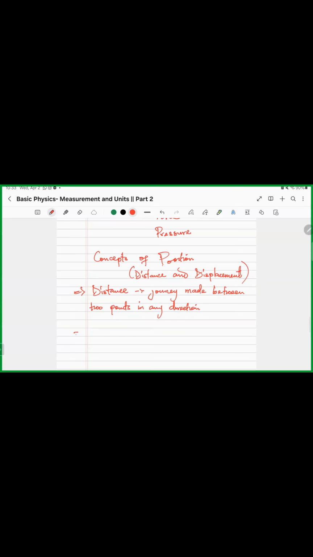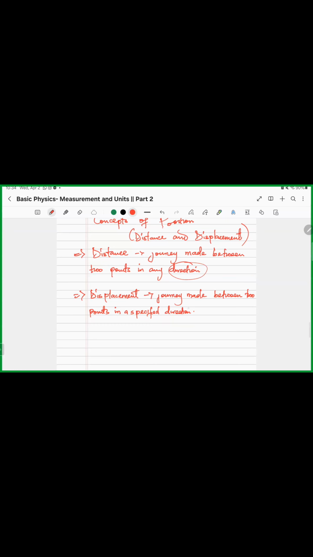The difference between that and displacement is that displacement, on the other hand, is the journey made between 2 points in a specified direction. So the distinctive word that tells you where to draw the line of difference between distance and displacement is direction. One of them has direction, the other one is directionless.